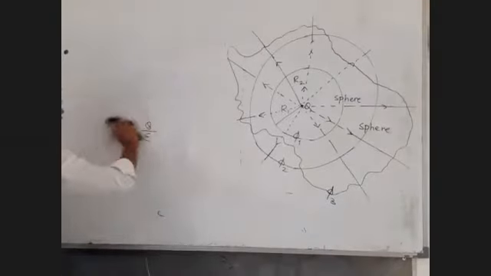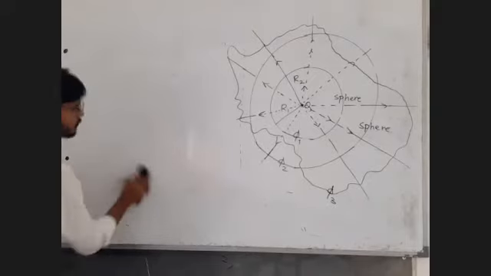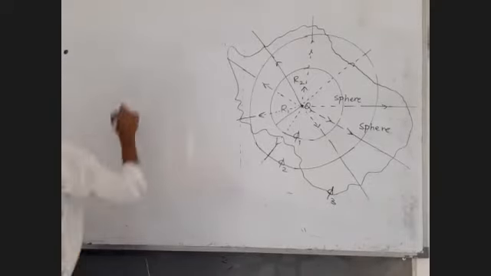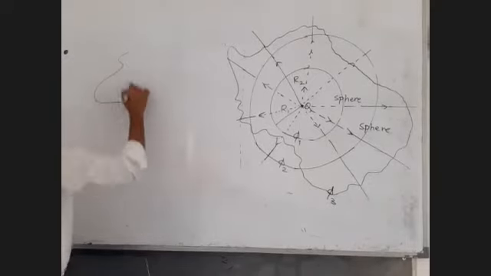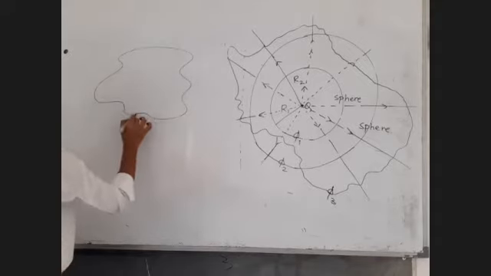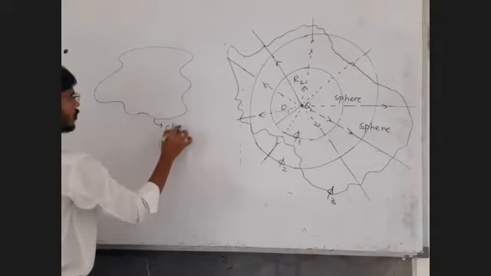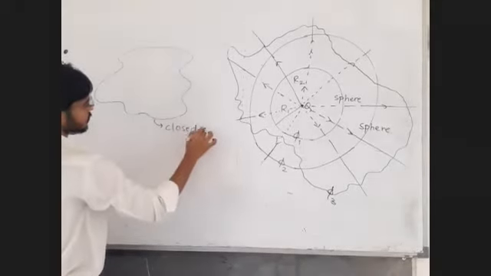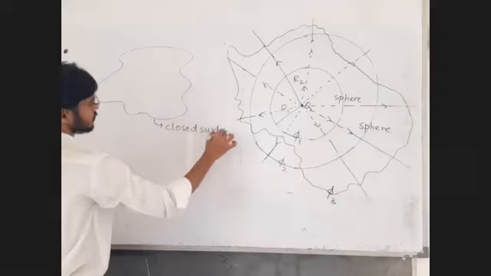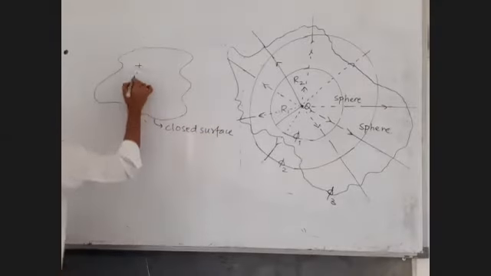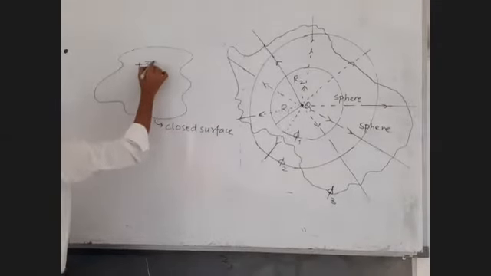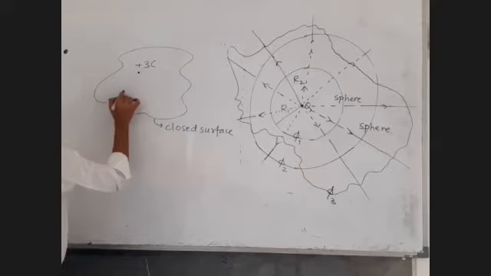Next, this note we have written. Now let us draw any random closed surface. Here we have +3 coulomb at this point. Here we have -8 coulomb.